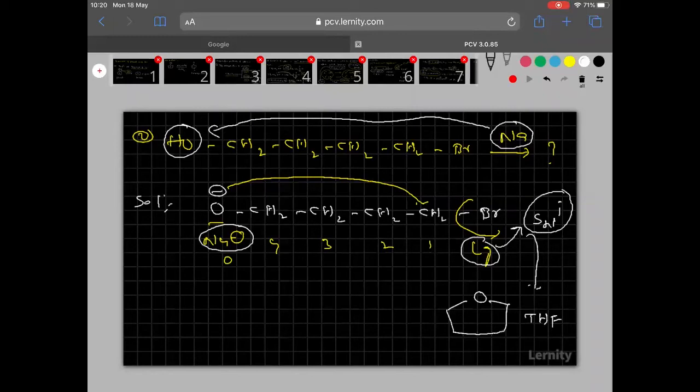Right. Now, let us do one more question. So here I am writing the question, see clearly, CH3-CH(OH)-CH2-Br. So this is reacting with sodium.